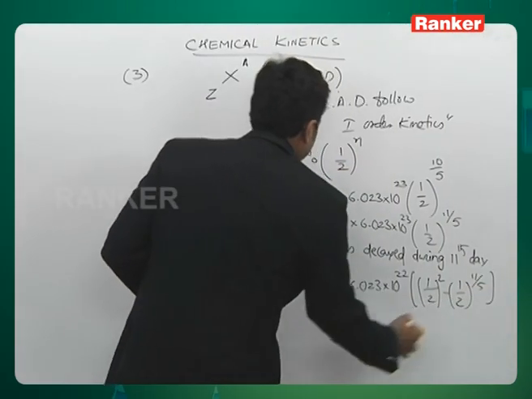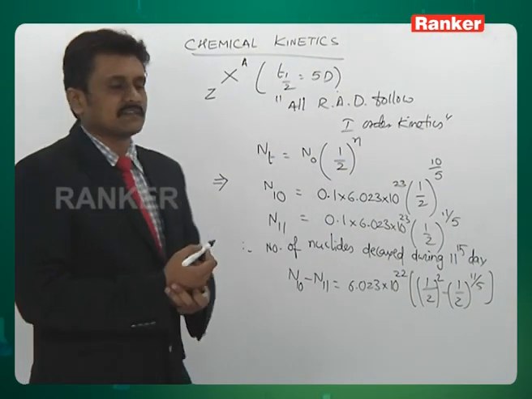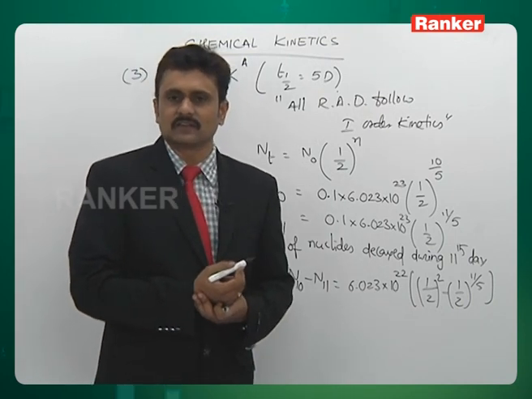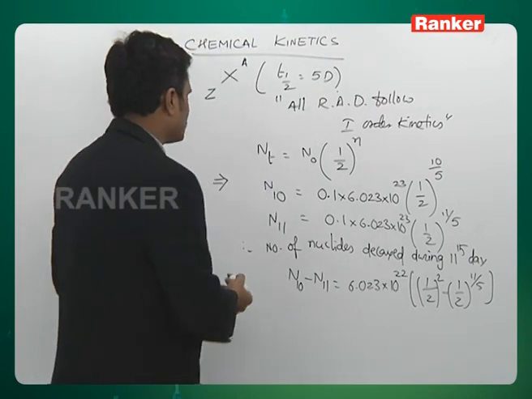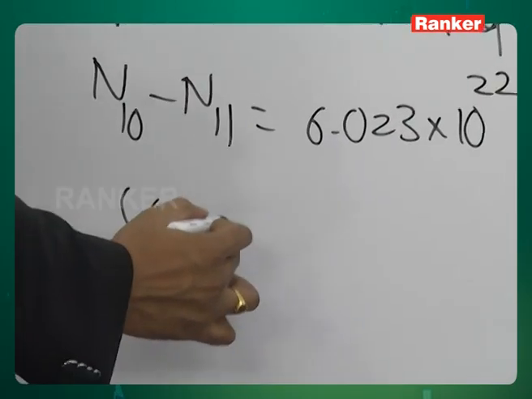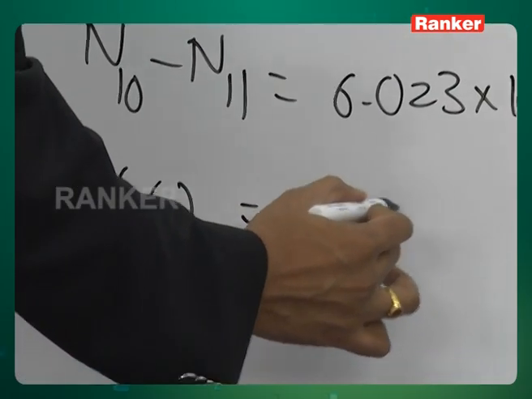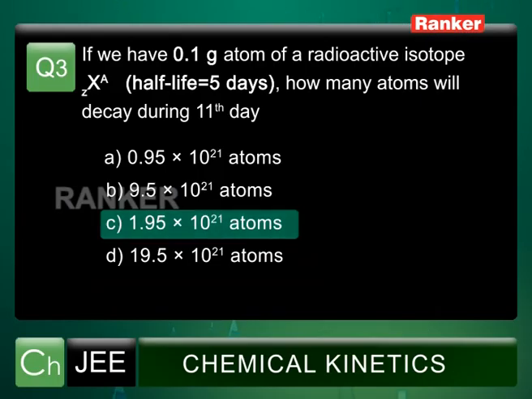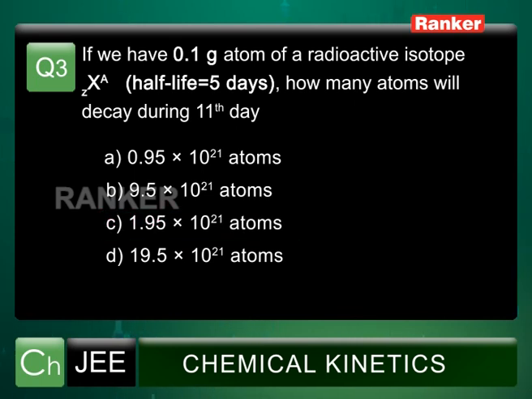Now simplification of this will give you the number of nuclides that are decayed during the 11th day, and the answer for this question is C, that is 1.95 into 10 to the power 21 atoms of this radioactive isotope have decayed during the 11th day.